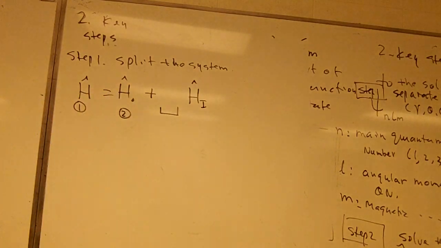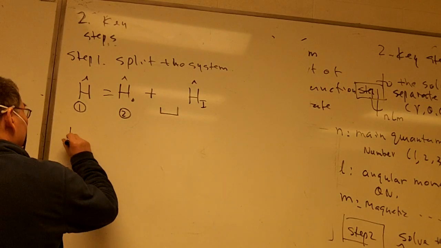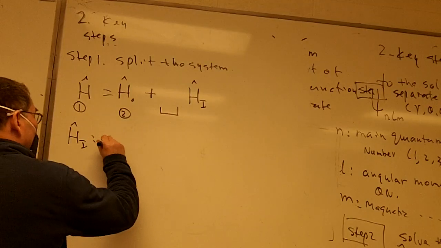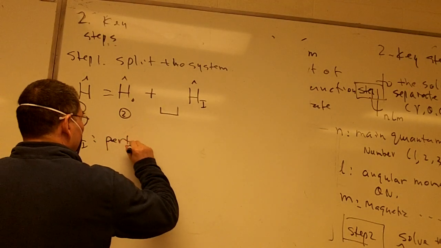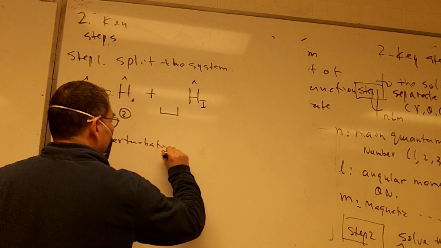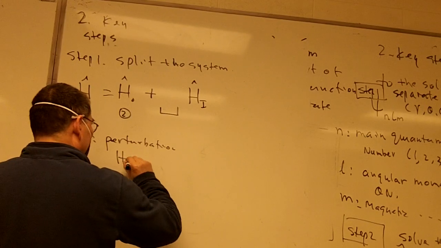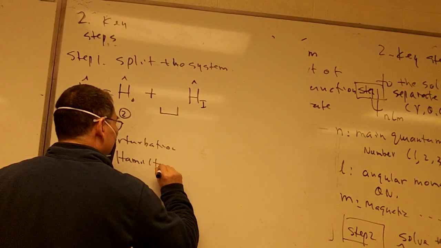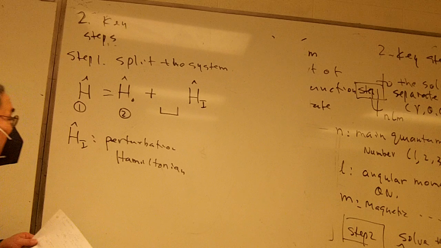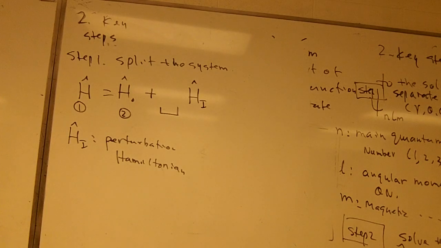The last term is called H sub I, usually called the perturbation Hamiltonian. This is the perturbation Hamiltonian.